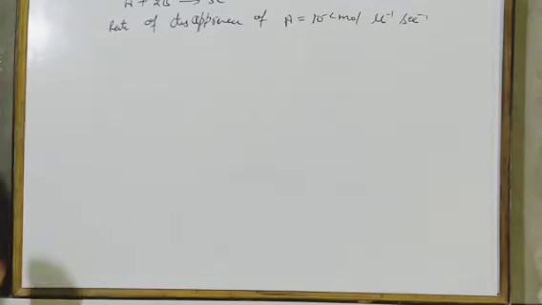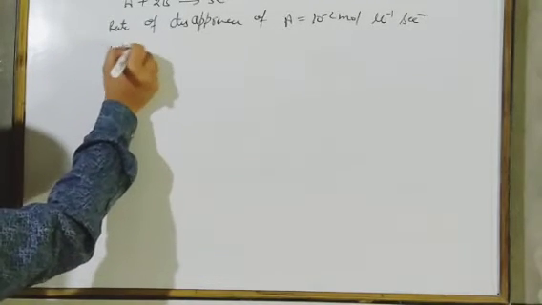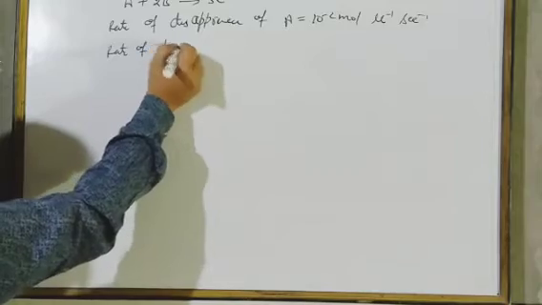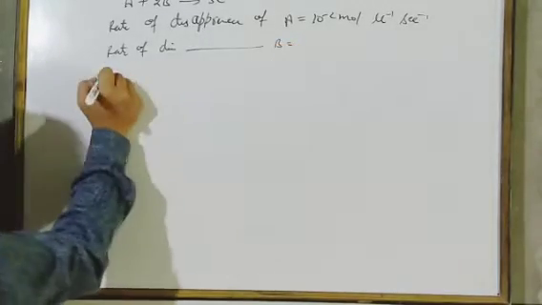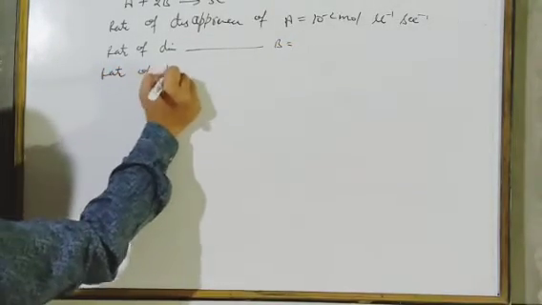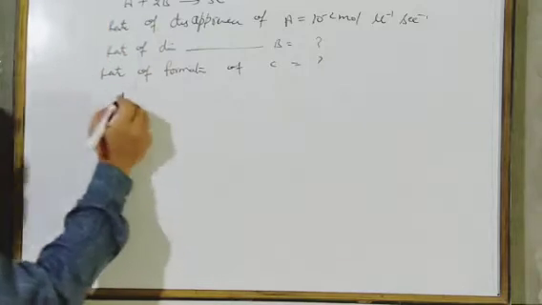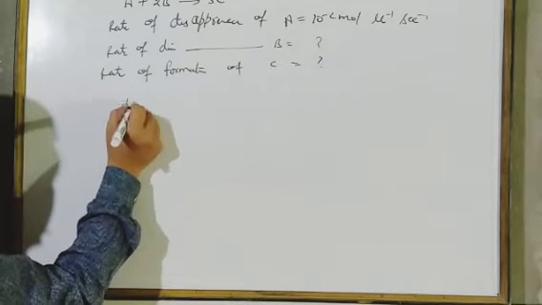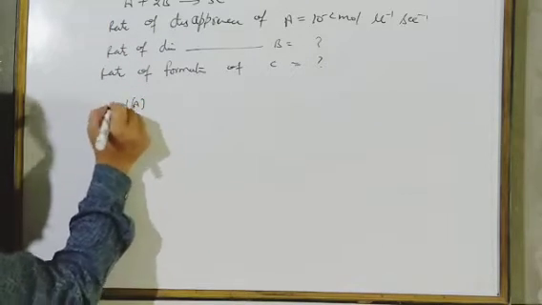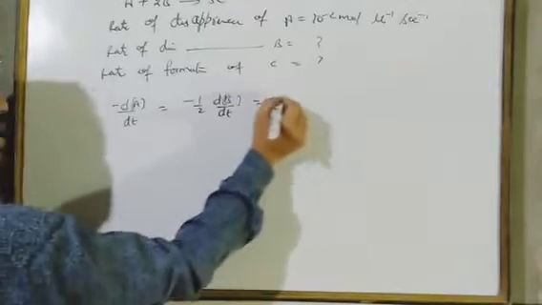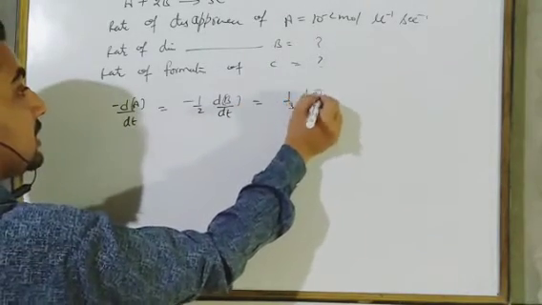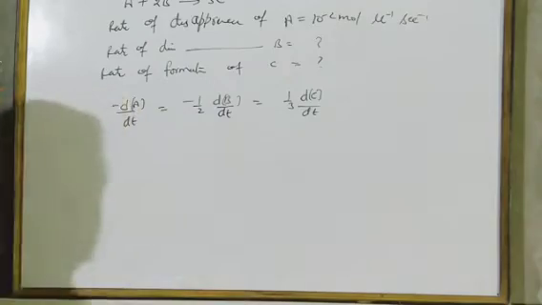You have to find the rate of disappearance of B and the rate of formation of C. So according to stoichiometry, we have minus d[A] over dt is equal to minus 1 by 2 d[B] over dt is equal to 1 by 3 d[C] over dt.